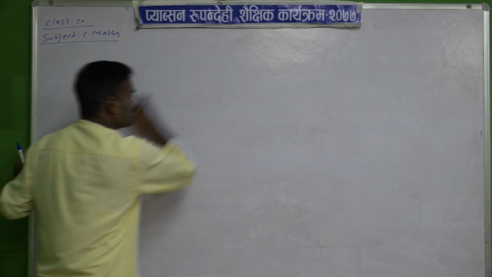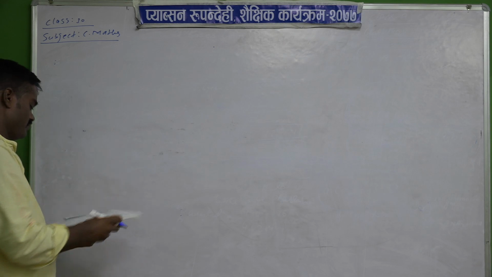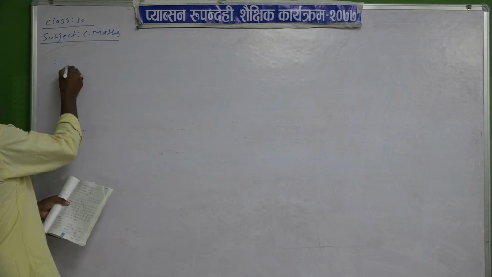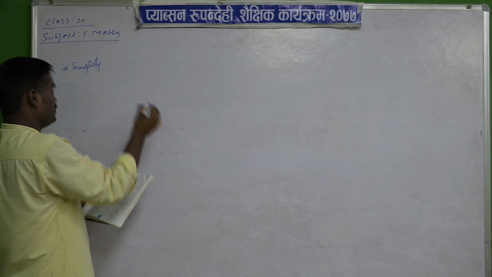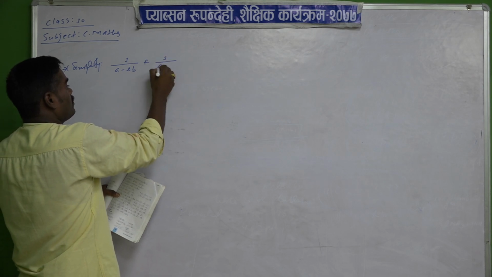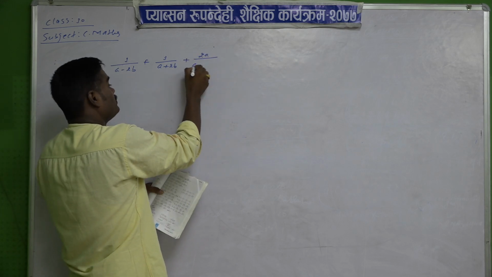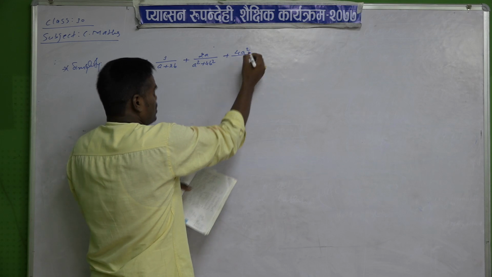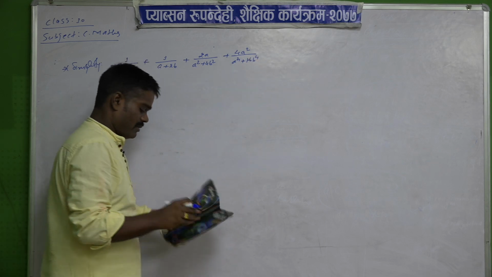Next question is: simplify 1 upon (a minus 2b) plus 1 upon (a plus 2b) plus (2a square plus 4b square plus 4a square) upon (a power 4 plus 16b power 4).